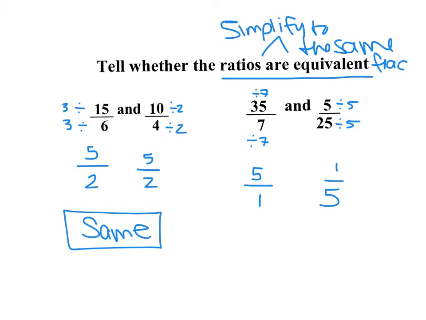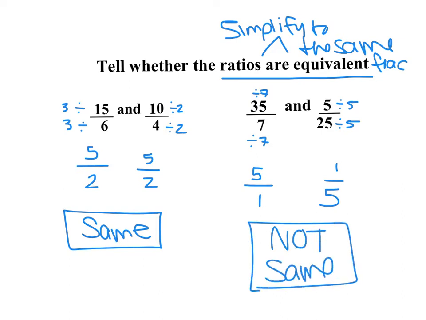While those look similar, 5 and 1/5 are not the exact same ratio. They are not the same. They may contain the same numbers, but they are not the same. So here we can see by our simplifying that these are in fact not equivalent, and as a result are not the same simplified fraction.